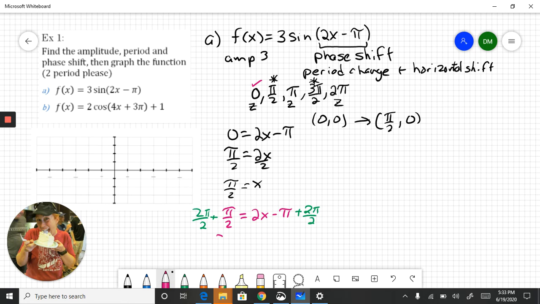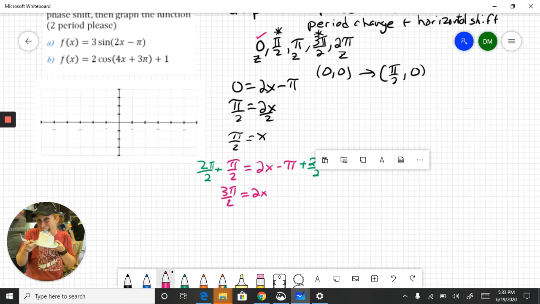So I end up with 3 pi over 2 equals 2x. Instead of dividing by 2, I am going to multiply by 1/2. It just makes dealing with the fractions easier. So then I have 3 pi over 4 equals x.